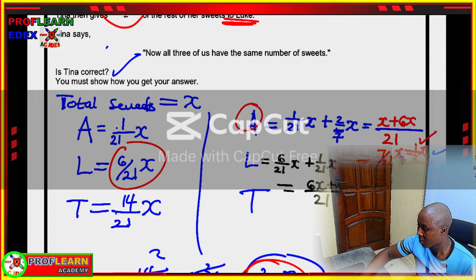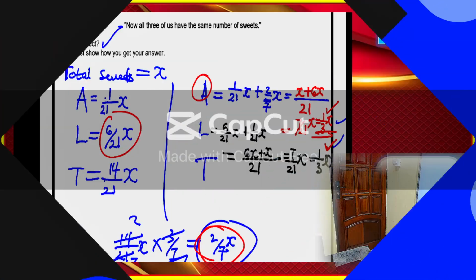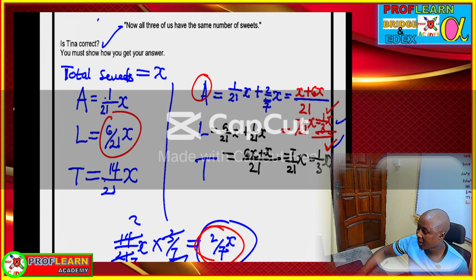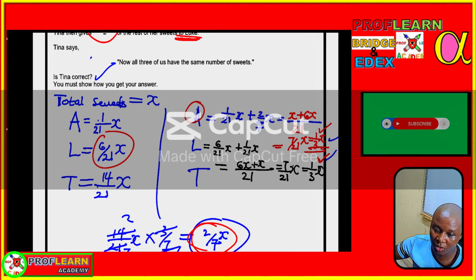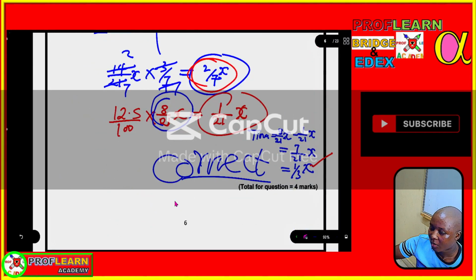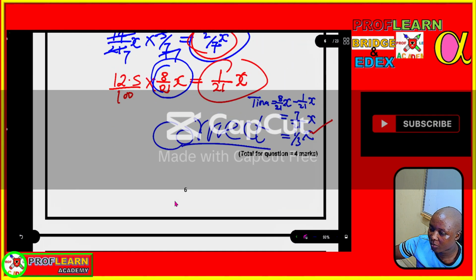That is exactly what I was trying to show. The statement that was given by Tina is the correct statement. Those are the steps you are going to follow in order to show that. All right, so we need to say that's correct.